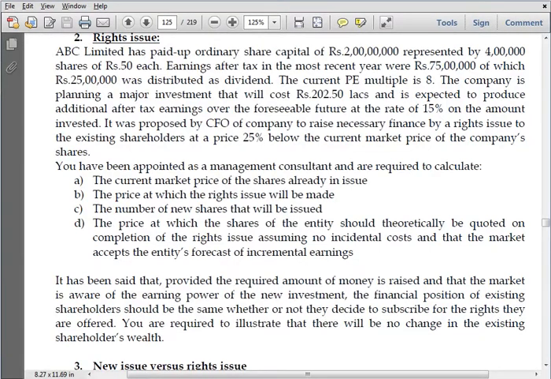It's going to be 243 minus 202.5. How much? 40.5. Any doubts on this?